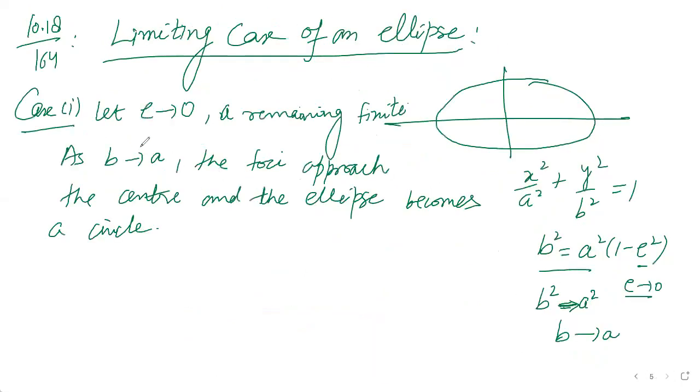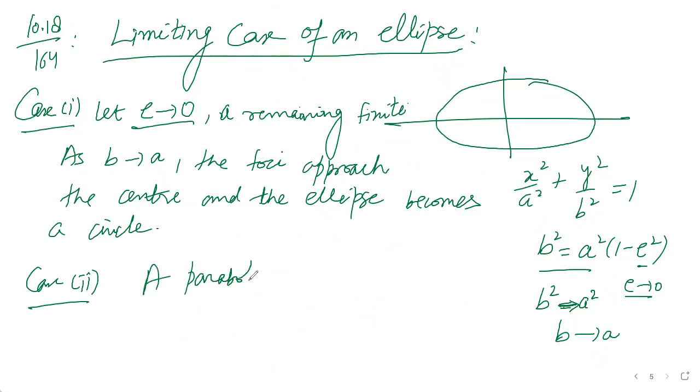Now how it is a limiting case, we are taking e tending to 0. Case 2, it can become a parabola also.